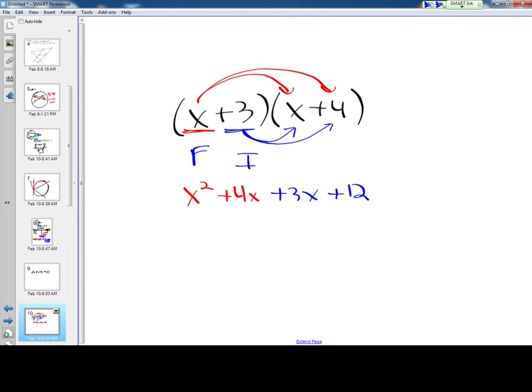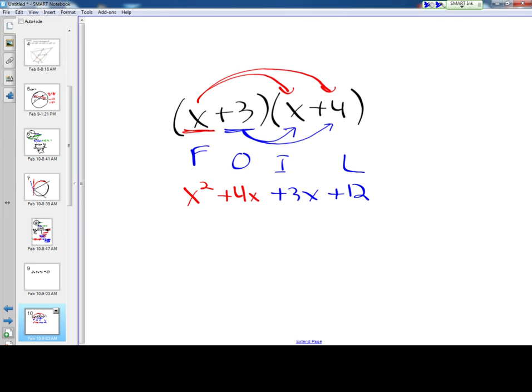That's I. Then we took the two outside ones and multiplied them. Oh, wait a minute. No. Did I do this backwards? Yeah, sorry. I didn't even follow my own order. We did the first ones first, and then we did the outside ones. Then we did the two inside ones, and then we did the two last ones. And that's FOIL right there. They call it FOIL, but it's just the distributive property.